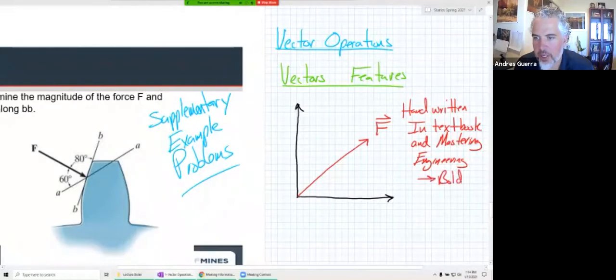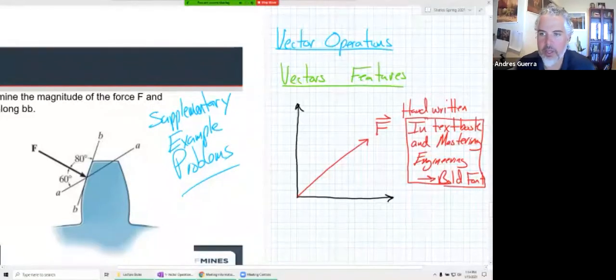I can't do bold font when I'm writing on the whiteboard in a classroom, so it's just some nomenclature that we all need to know. Handwritten, I'll do it like this, and then in the textbook, they do it the other way.